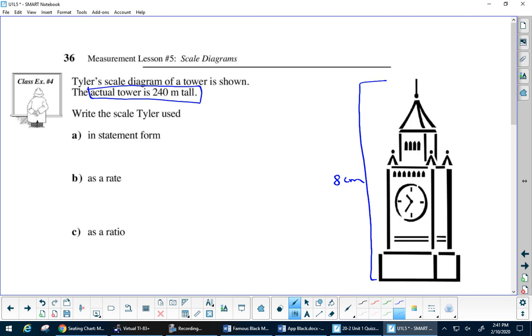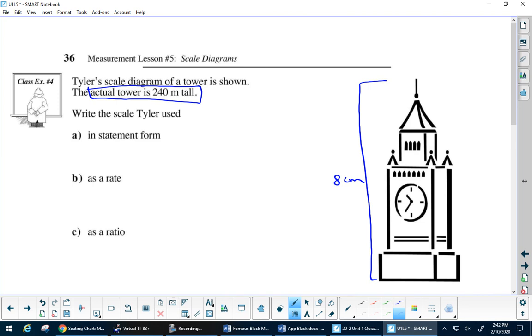So how would I find the scale? What scale was used? Okay, first of all, what rate could we build?